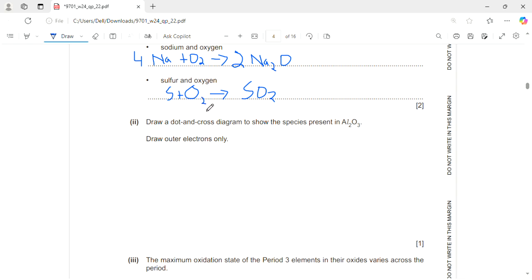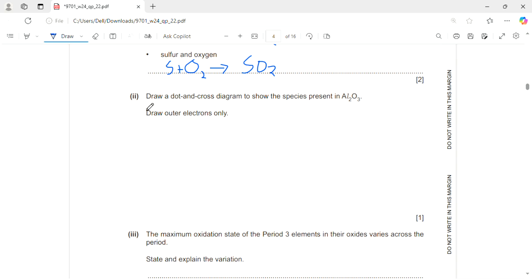Okay. Draw a dot and cross diagram to show the species present in the aluminum oxide. Draw the outer electrons. Okay. Aluminum can lose 3 electrons.